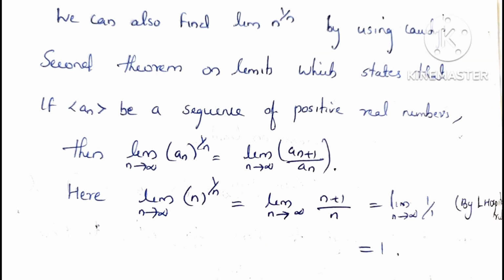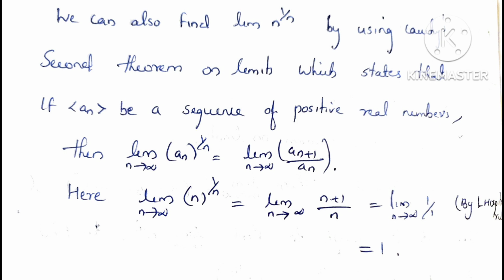We can also find limit n raised to 1 by n by using Cauchy's second theorem on limits, which states that if a_n is a sequence of positive real numbers, then limit n tends to infinity a_n raised to 1 by n is equal to limit n tends to infinity a_(n+1) by a_n. Since we want to find limit n tends to infinity n raised to 1 by n, if we take a_n equal to n, we can use Cauchy's second theorem on limits.